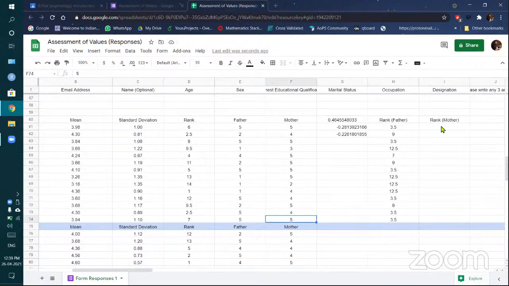There are 7 5s. So they are 8.5. You can count again: 1, 2, 3, 4, 5, 6, 7, 8. Yeah, sorry, there are 8 5s. So what is the sum? 36 by 8. 4.5.